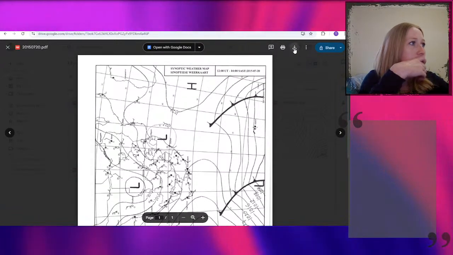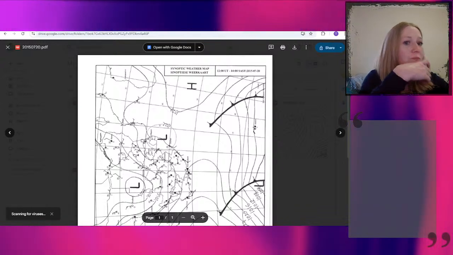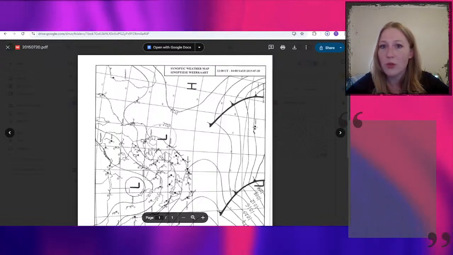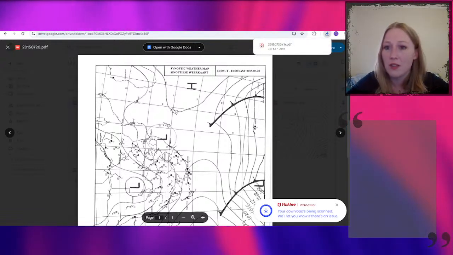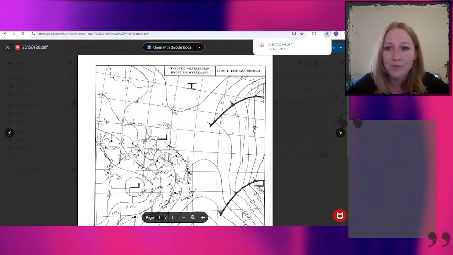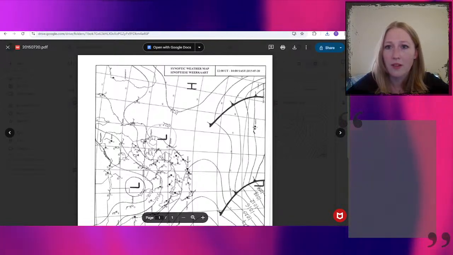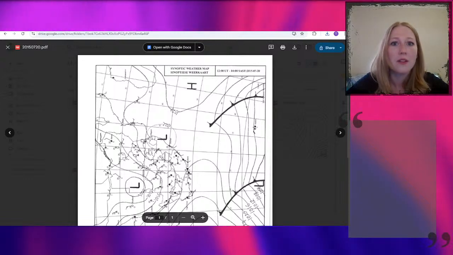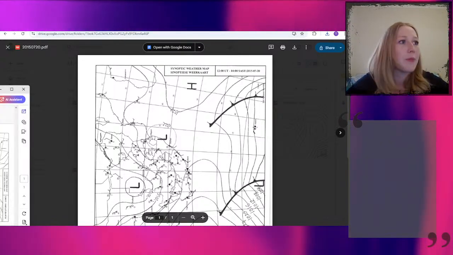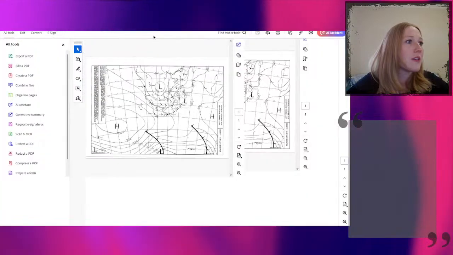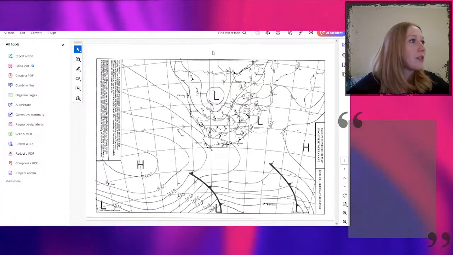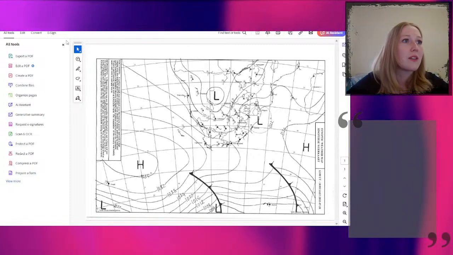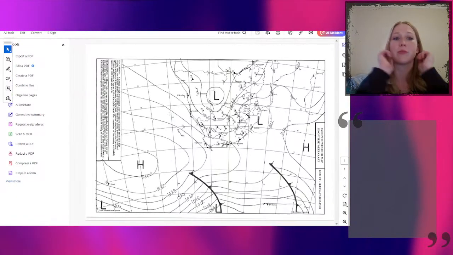Okay, so let's download, and then I'll see if I can rotate that quickly so that we can see it. There we go.